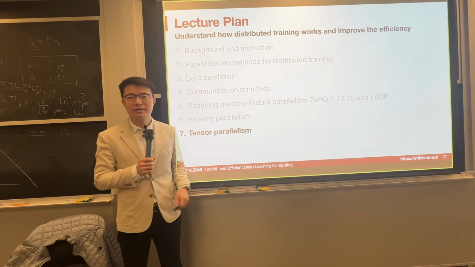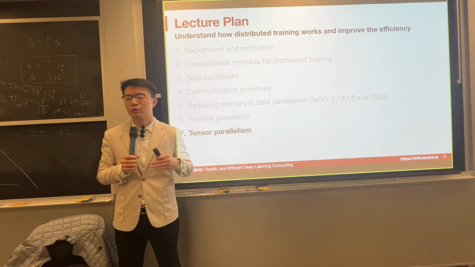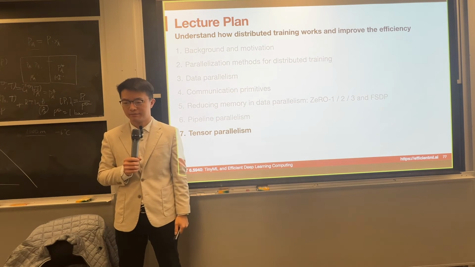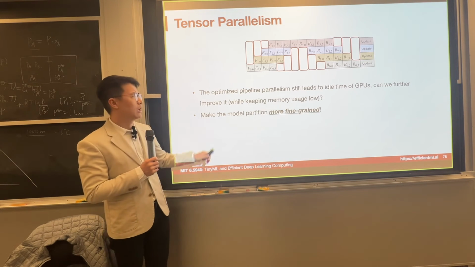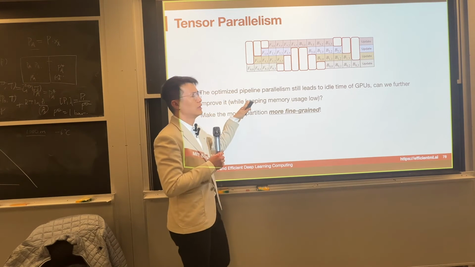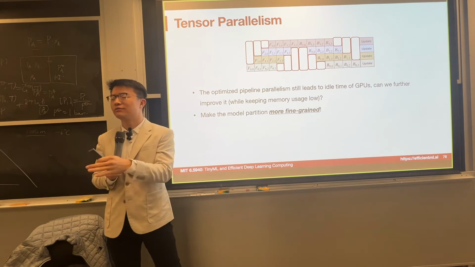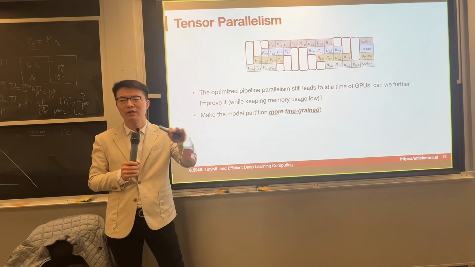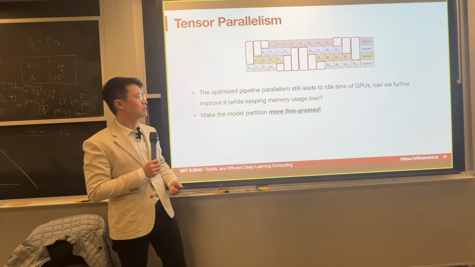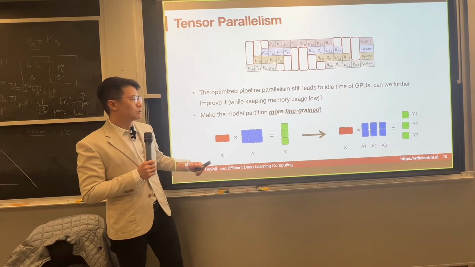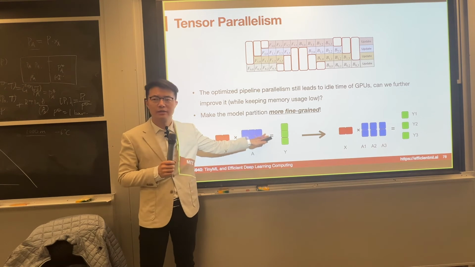The last parallelization opportunity is by exploiting the tensor parallelism. So what is tensor parallelism? Unlike the pipeline parallelism that chops the different layers, we can chop in the dimension within a layer to make it more fine-grained. So for example, this is the weight of a layer.